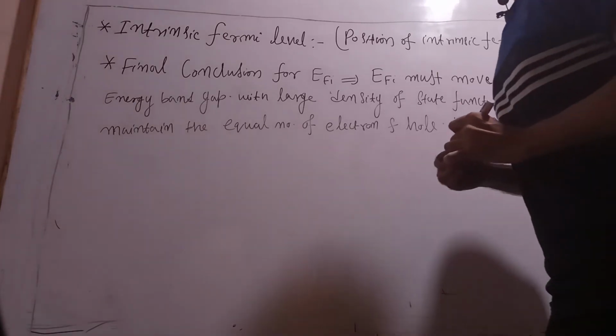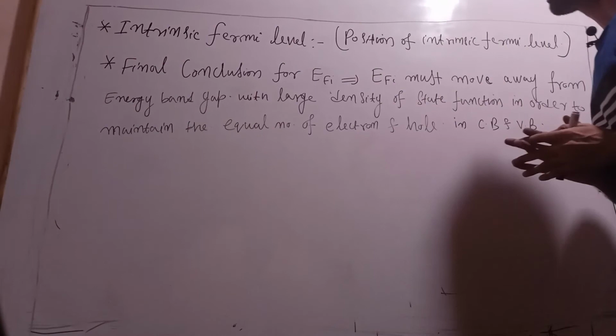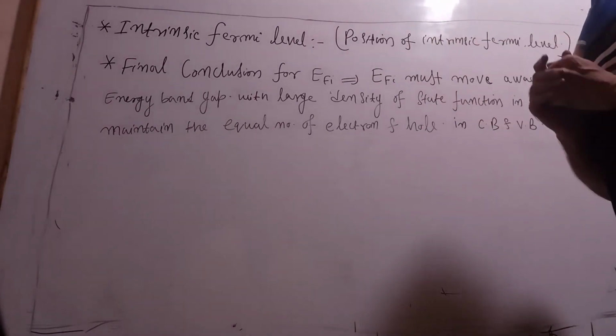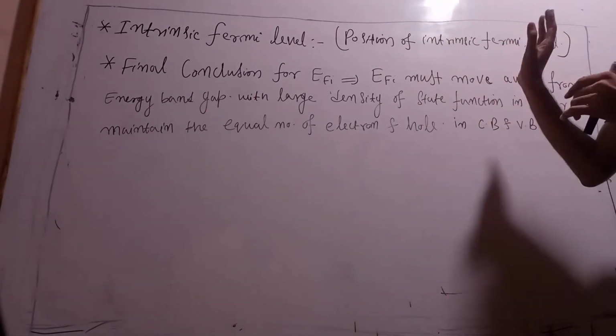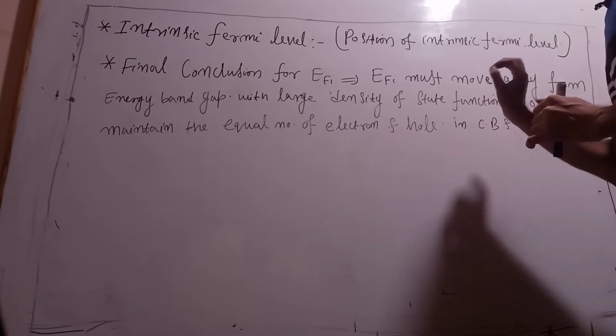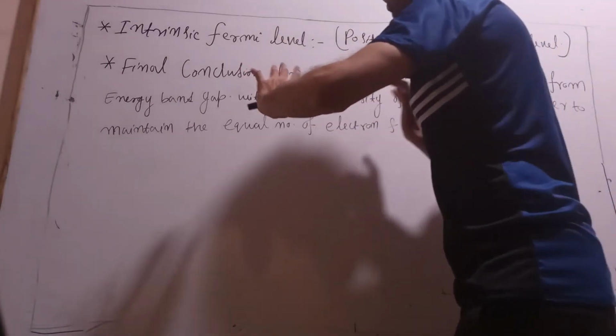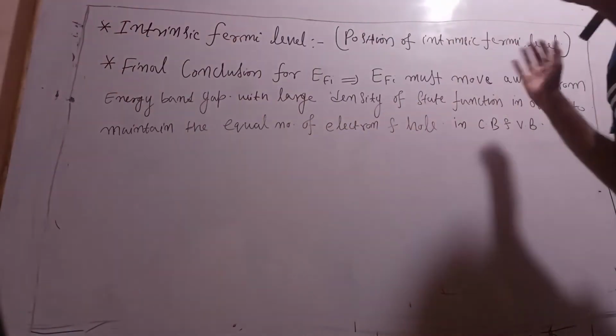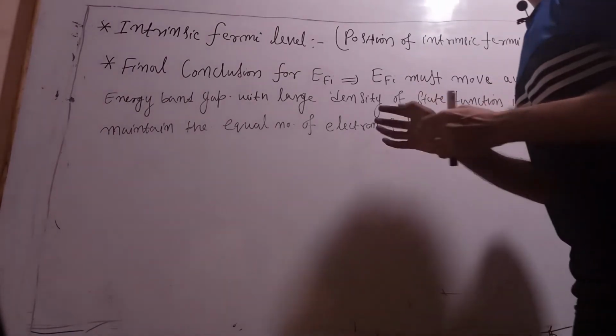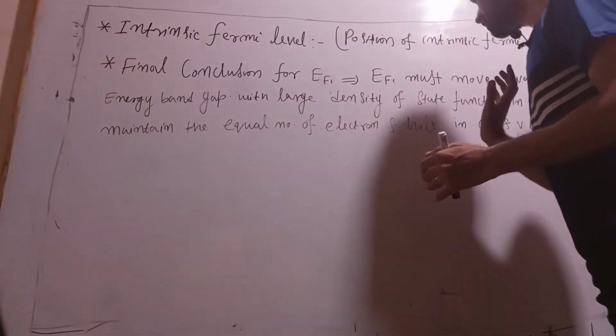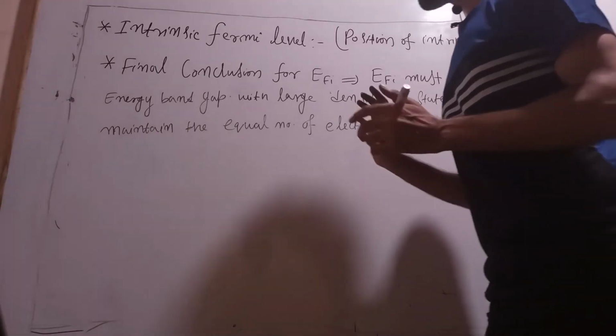So that is the final conclusion about the intrinsic Fermi energy level: it must move away from the energy band gap with large density of state function in order to maintain the equal number of electrons and holes in the conduction band and valence band.